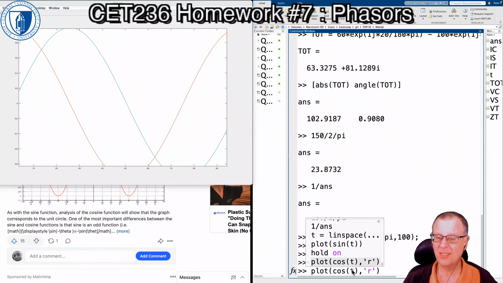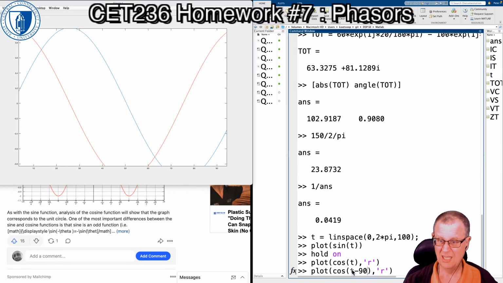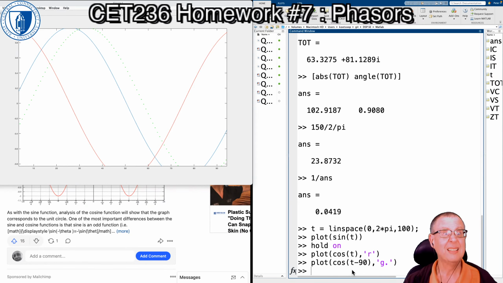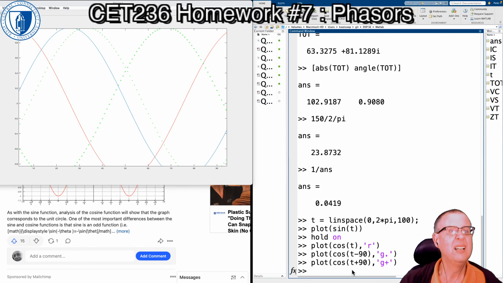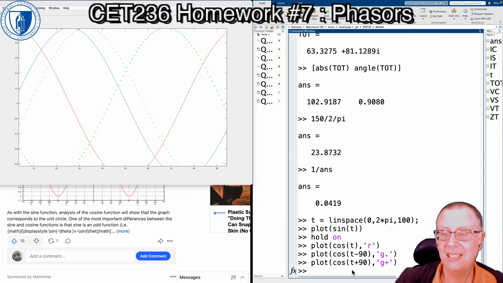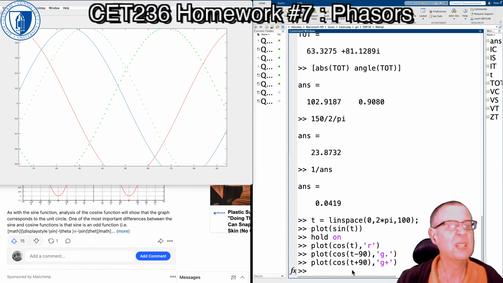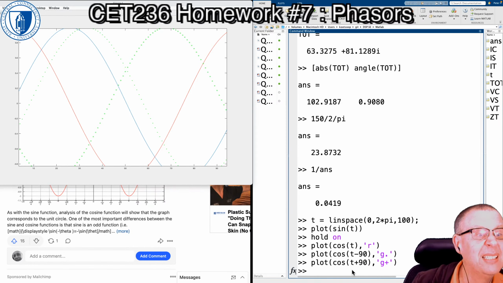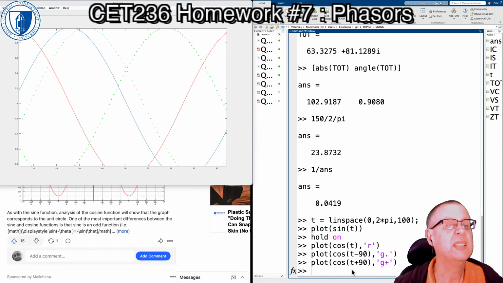So let's just do that, and that's the wrong way, so we've got to go plus 90, and we're still not overlaying the red one.